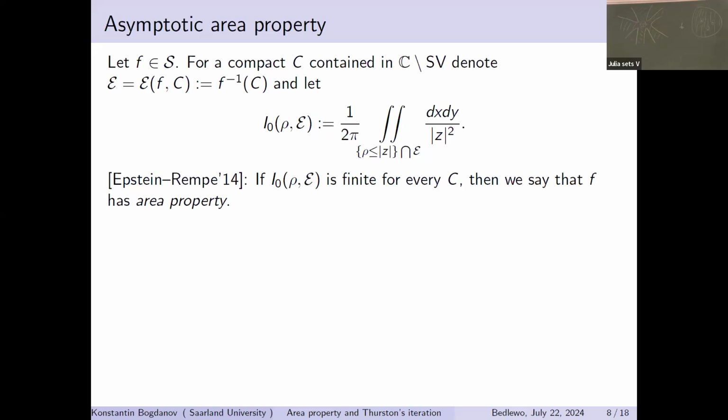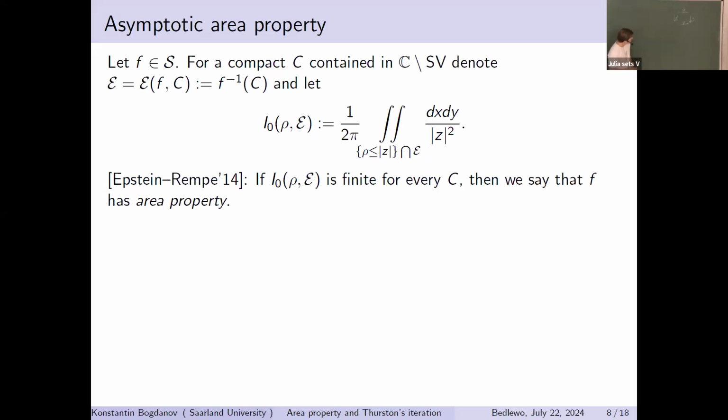Okay, so why is this property important for us? Let us return to Thurston's diagram. It's f, it's phi, it's a map g, and that is a map phi tilde, integrating the Beltrami differential obtained by the pullback.